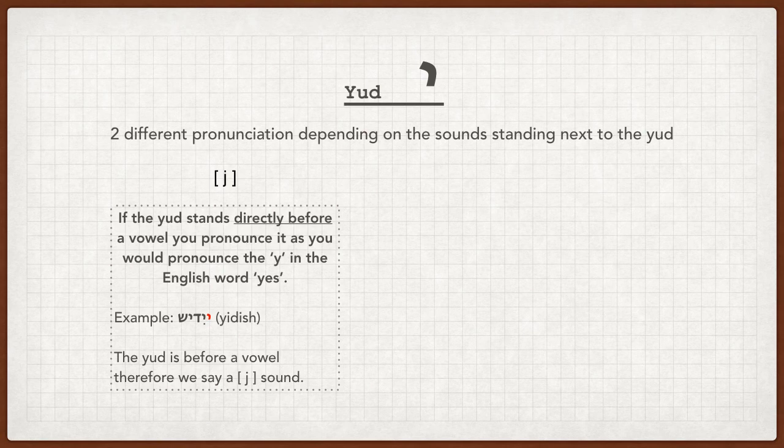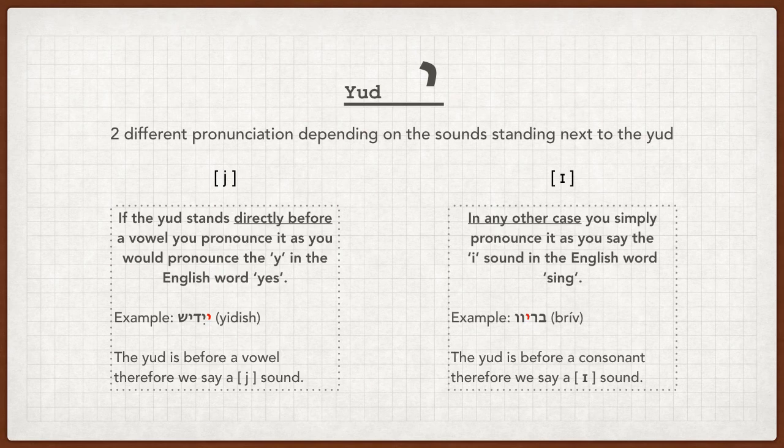So, Yiddish. And we pronounce it as I in every other case. So, for example, brief, we have a reish, r sound before the yud, so there is not much to talk about. It's just a simple I, brief.